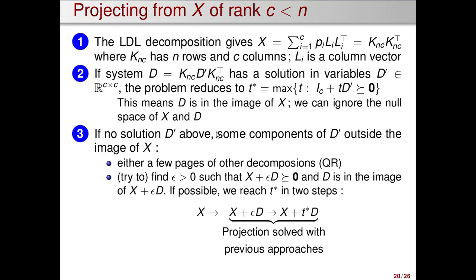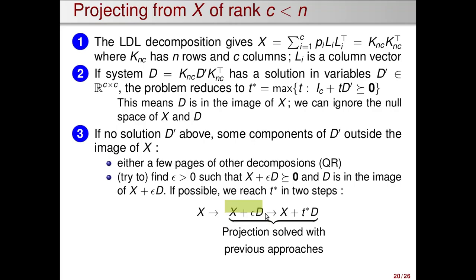But let me present another method that can be very practical and easier to understand. If I can only advance by a step of epsilon, a very small one, and still remain feasible, what happens? I can reach T star in two steps. First, I move from x to x plus epsilon d, and I'm still inside the SDP cone, and then there are high chances that d will be in the image of this matrix, because I do have some components of d here.